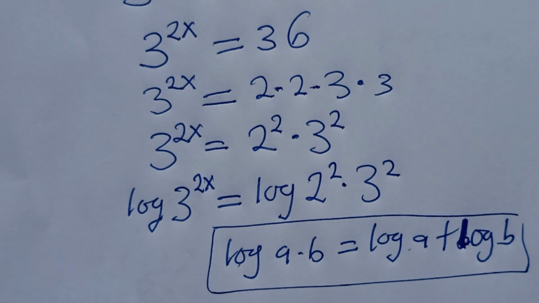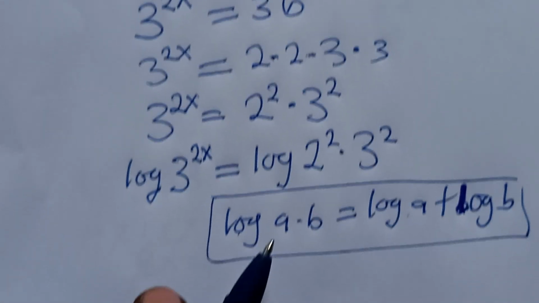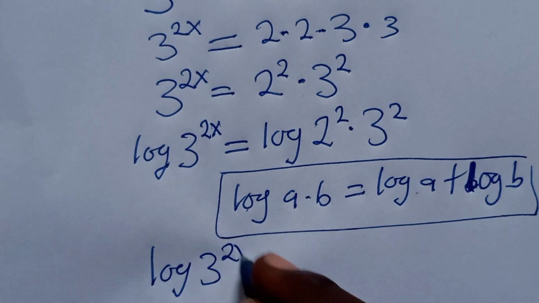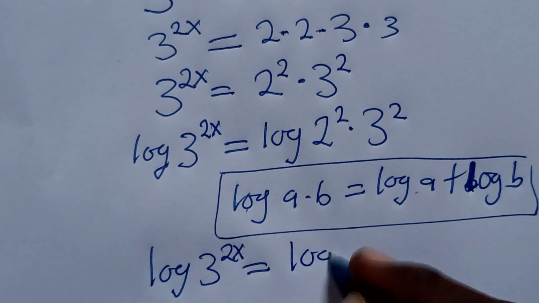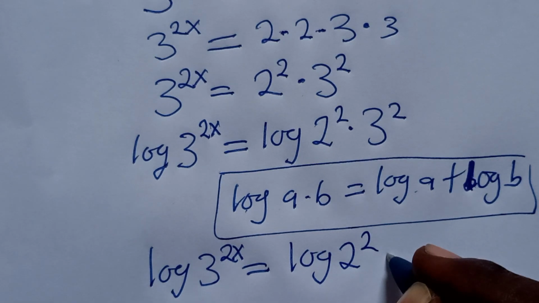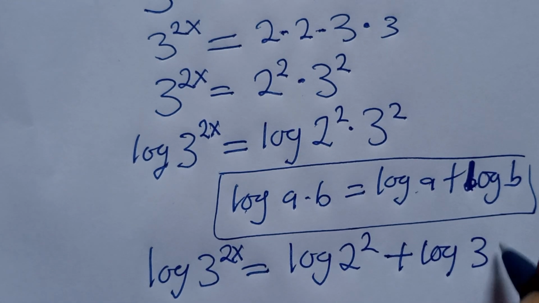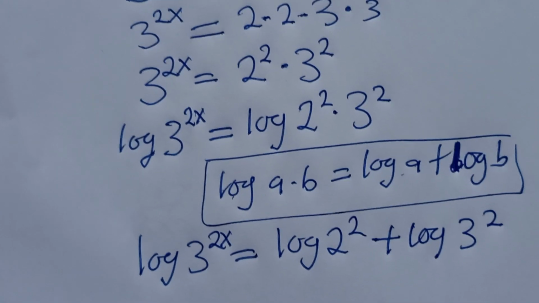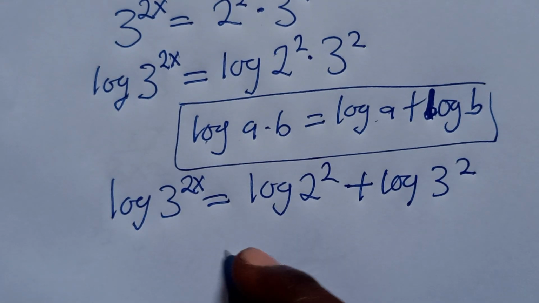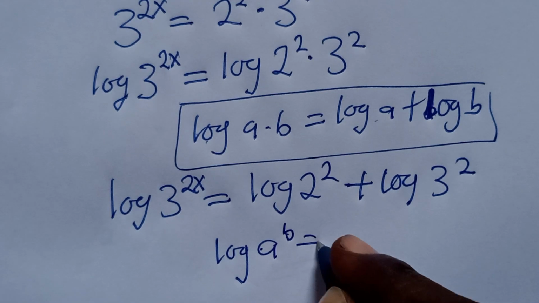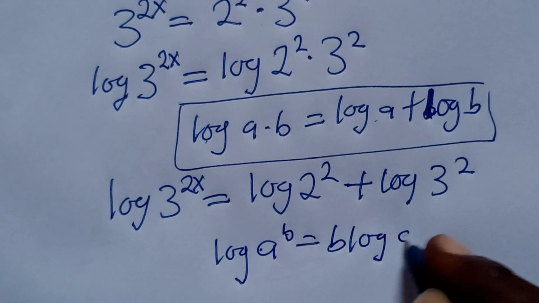So we'll apply it here so that we now have log 3 to the power of 2x equals log 2 to the power of 2 plus log 3 to the power of 2. But remember, when we have log a to the power of b, it is the same thing as b log a.